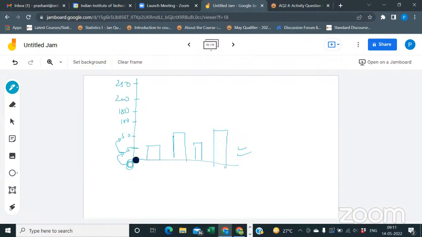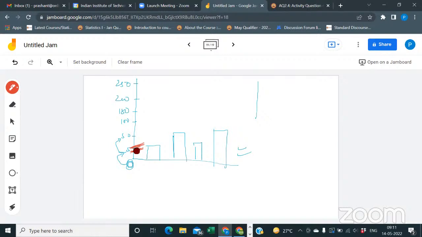And here it is not mentioned that there is any break. For example, suppose I mention a break here at 5, then it is not a manipulated y-axis because I'm mentioning that there is a break. If I don't mention that break, then it will be a manipulated y-axis. Okay, sir.